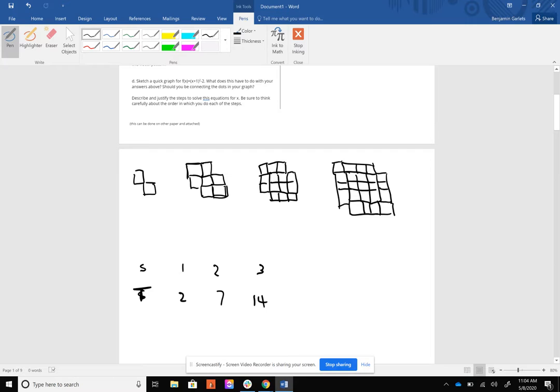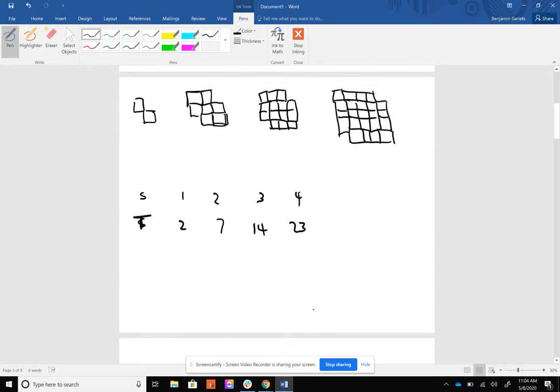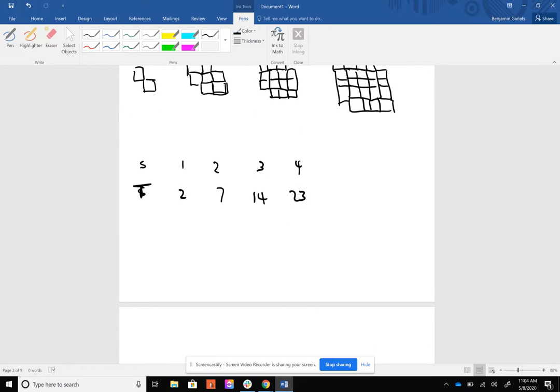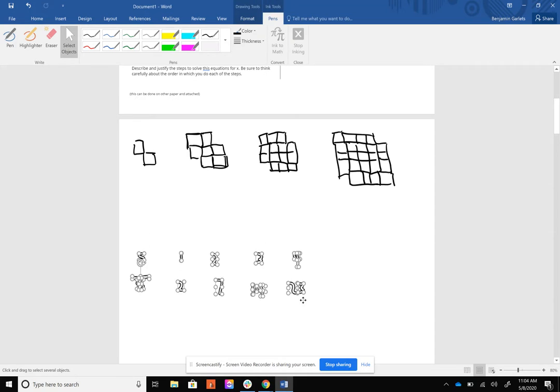So I've got 9 plus 12 plus 2, which gives me 23. Let's do one more. Let me see if I can select these and move them a little bit down.